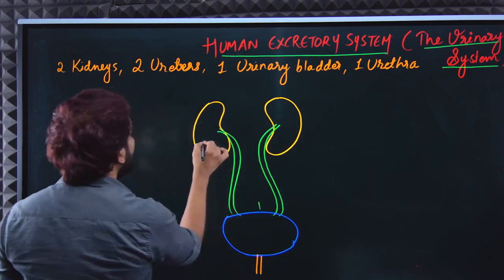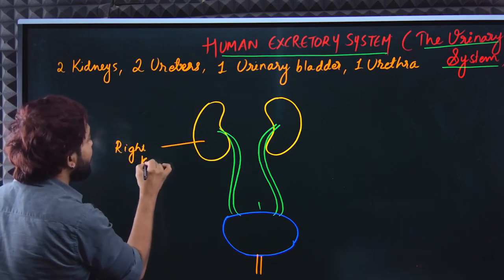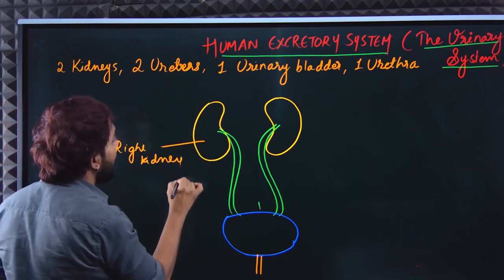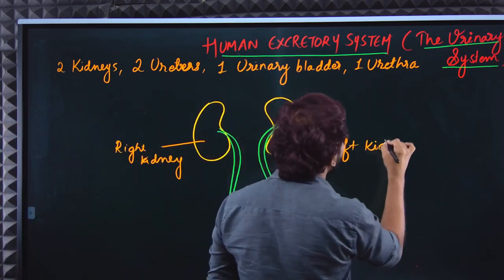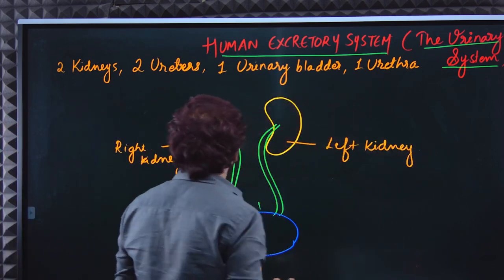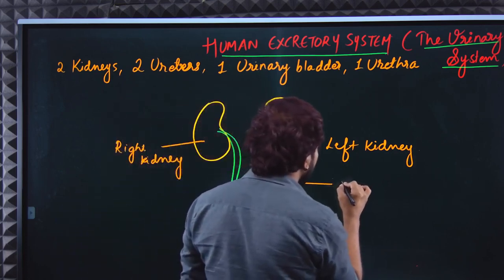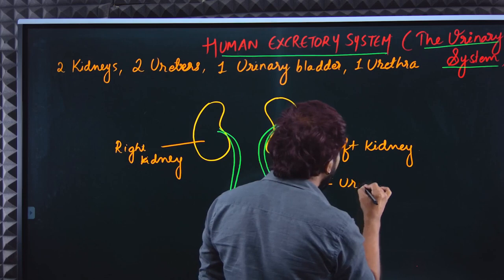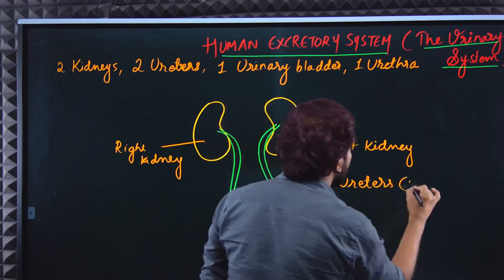Okay, so this one is the right kidney, and the other one is the left kidney. All right, the second component, this one in green, these are the ureters, also 2 in number.